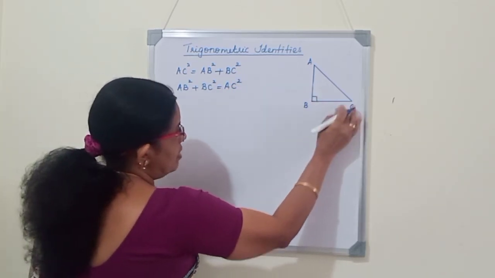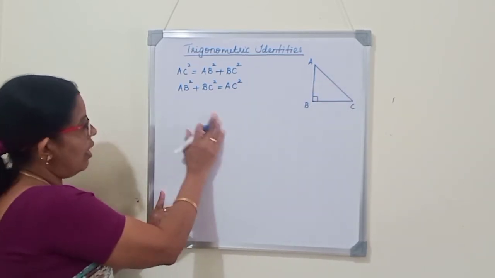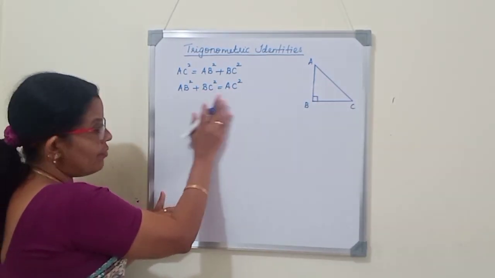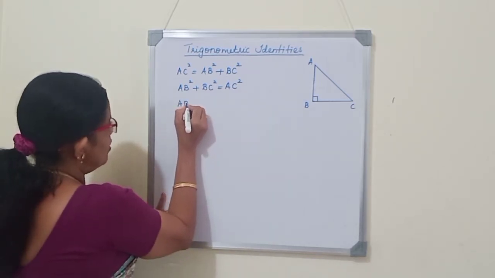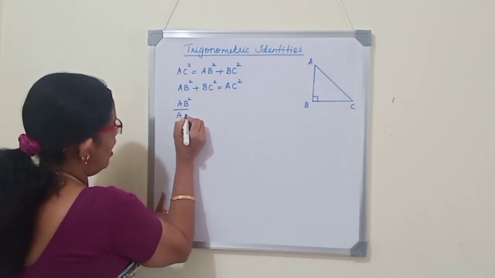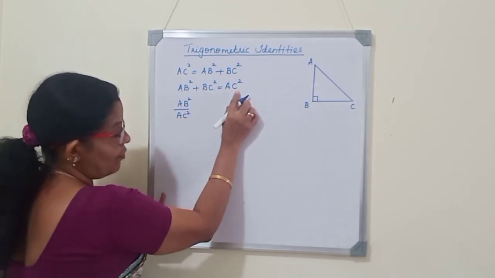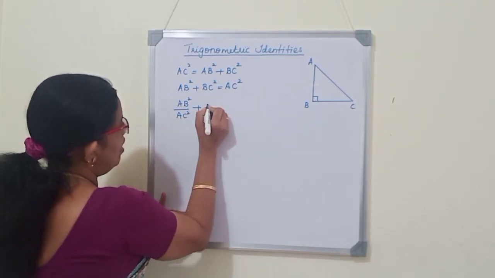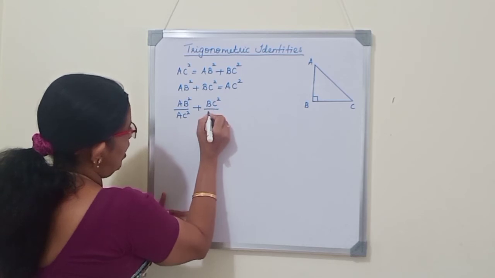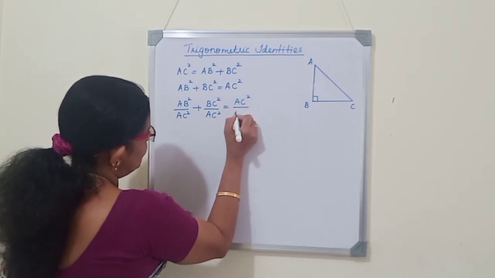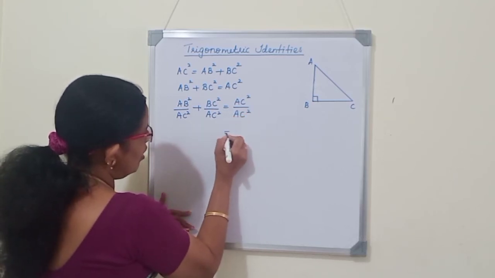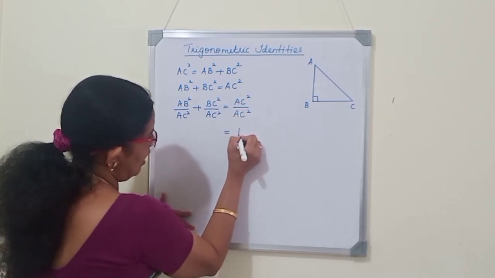Now each and every term of this equation, I will divide by AC square. That is, AB square by AC square plus BC square by AC square equals AC square by AC square. AC square by AC square cancels, and we will get 1.